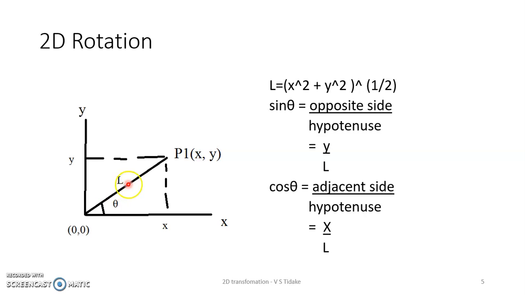So L will be calculated as square root of x square plus y square, and sine theta can be calculated as opposite side upon hypotenuse, that is y upon L, and cos theta will be calculated as adjacent side upon hypotenuse, that is x upon L.